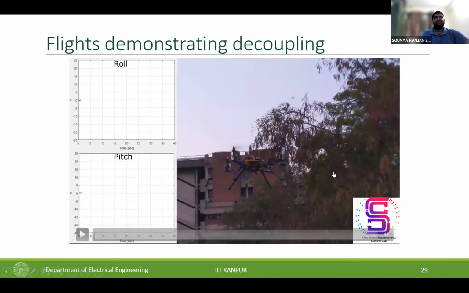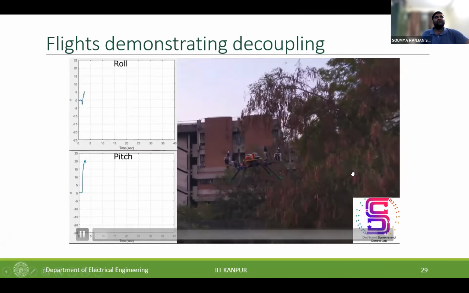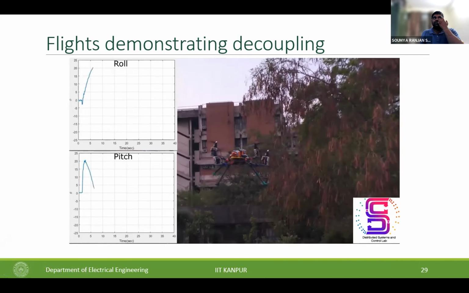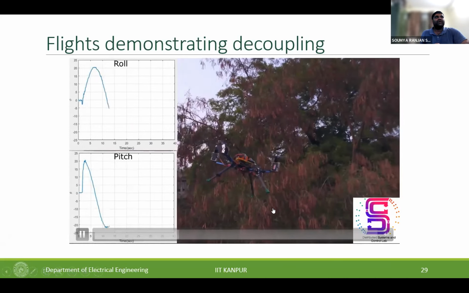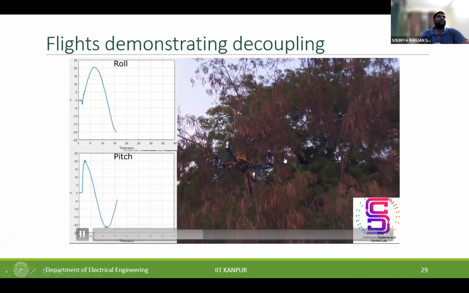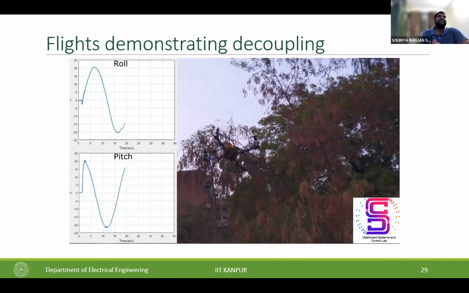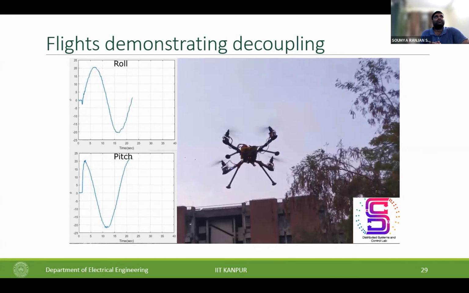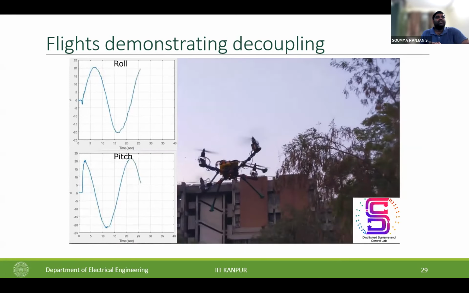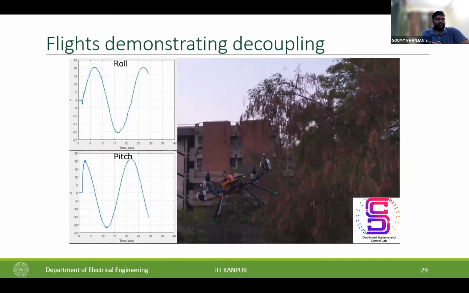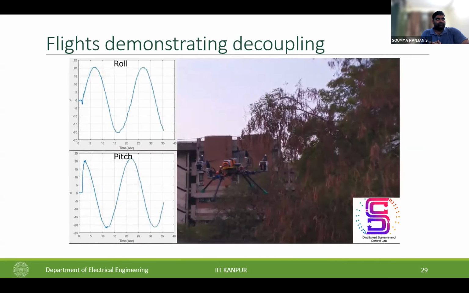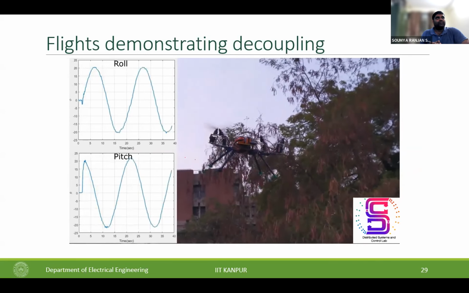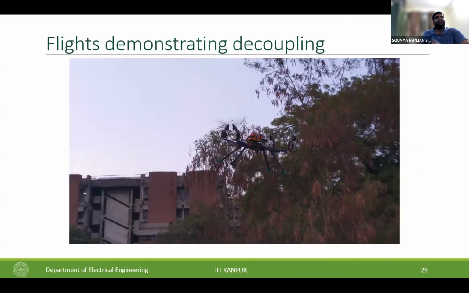So this is another flight demonstration where both roll and pitch are sinusoidal, and the amplitude of the sinusoid for roll and pitch is minus 20 to 20 degrees, with a time period of roughly 15 seconds.